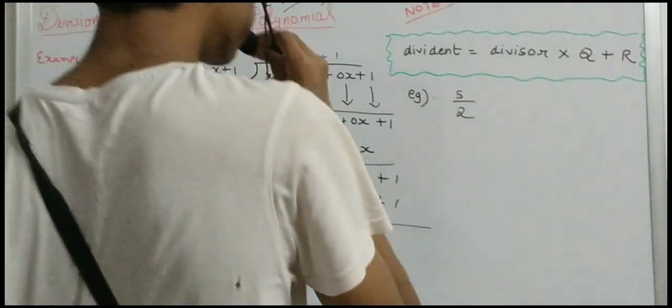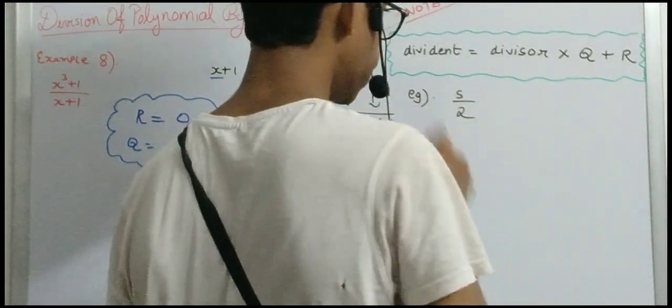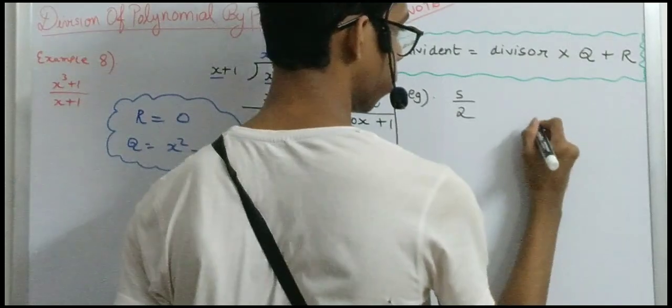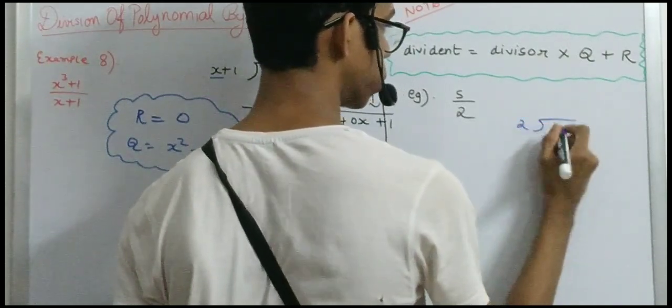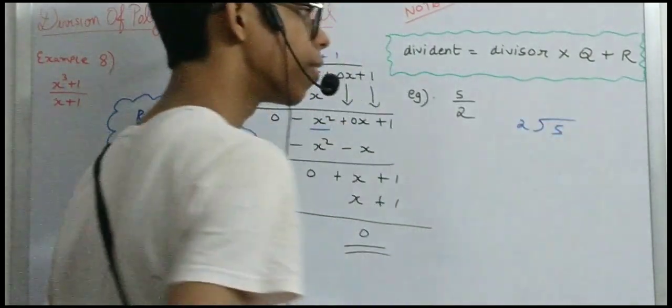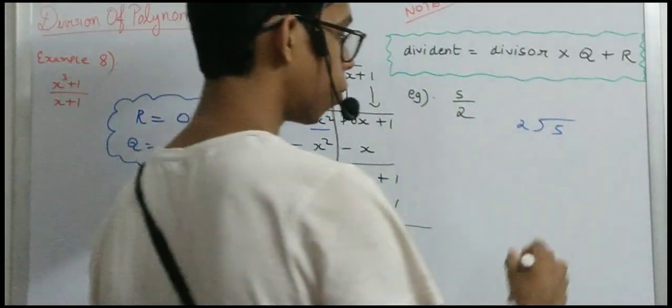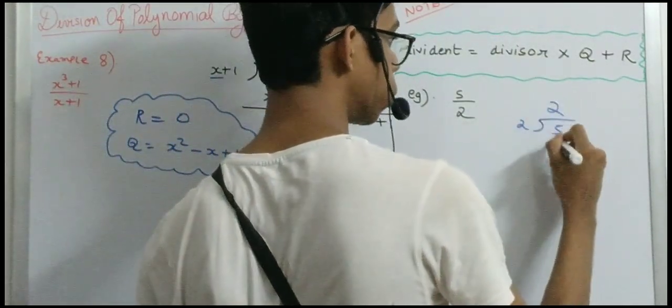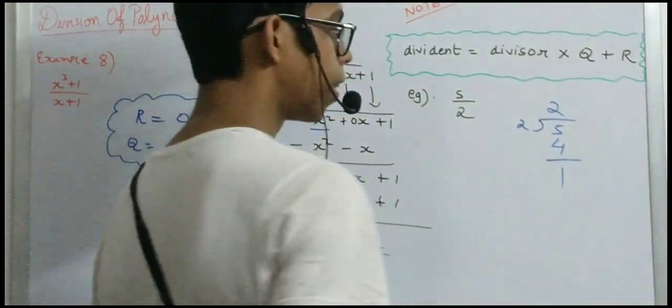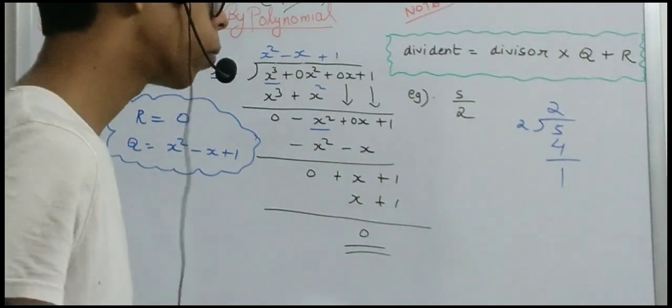Now let us see this with one more example. 5 by 2. When we do 5 by 2, we know 2 is the divisor and 5 is the dividend. When we do the division, we know 2 2s are 4, then we will get the remainder equal to 1.